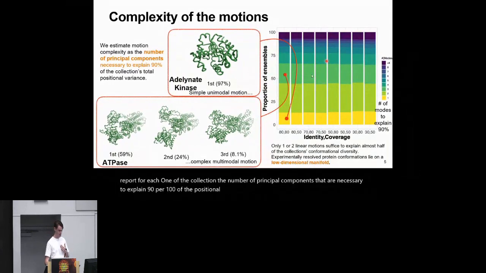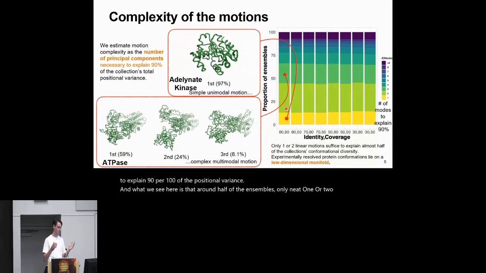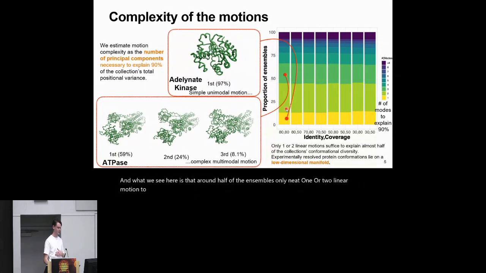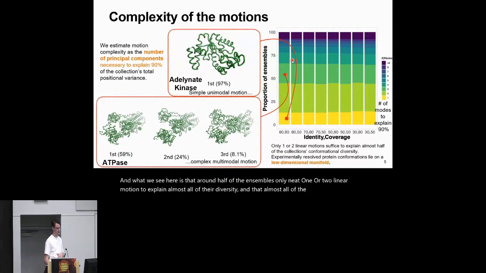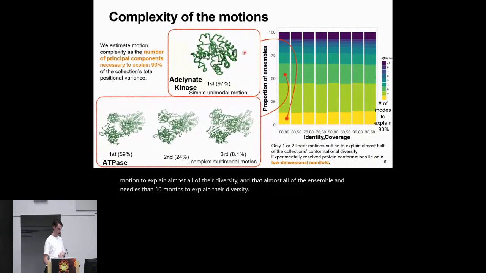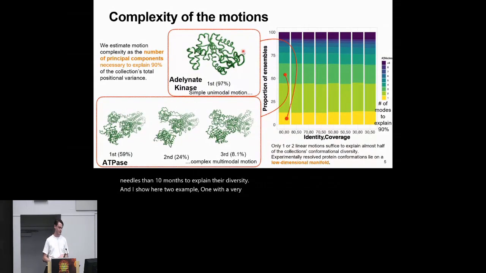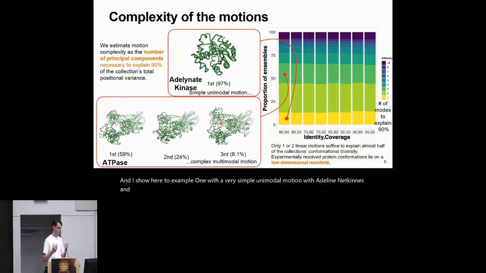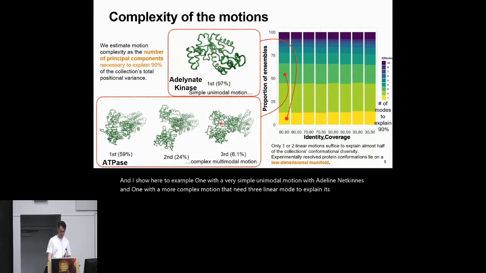And what we see here is that around half of the ensembles only need 1 or 2 linear motions to explain almost all of their diversity, and that almost all of the ensembles need fewer than 10 modes to explain their diversity. I show here 2 examples, one with a very simple unimodal motion with adenylate kinase, and one with a more complex motion that needs 3 linear modes to explain its diversity with ATPase.